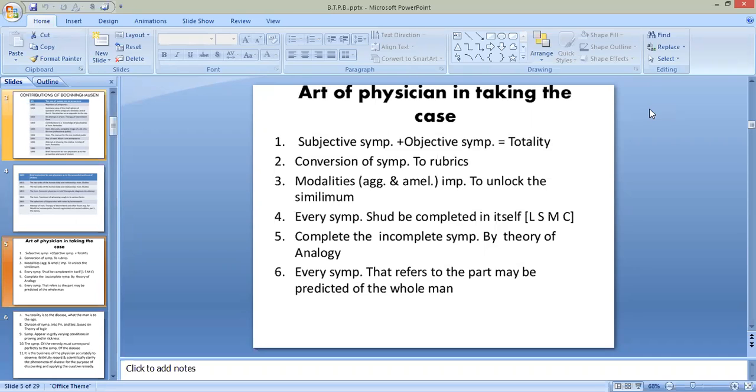In this repertory there are about 342 remedies.